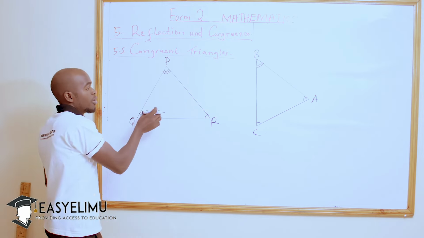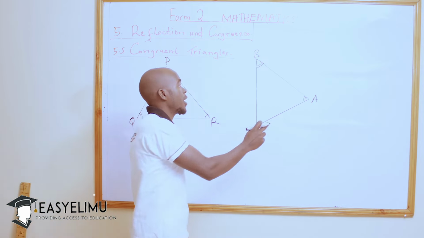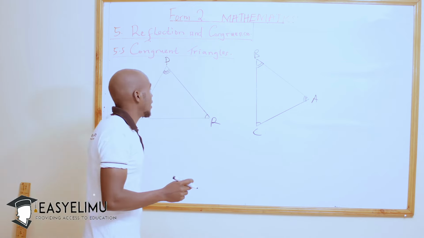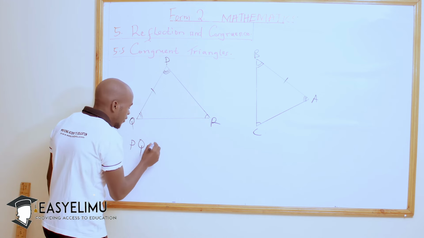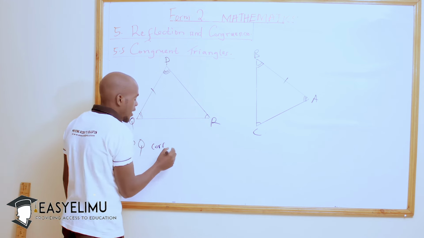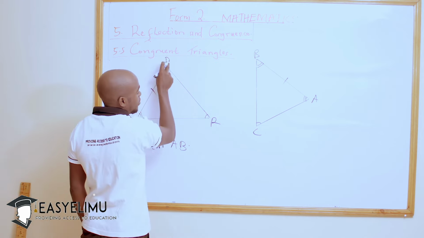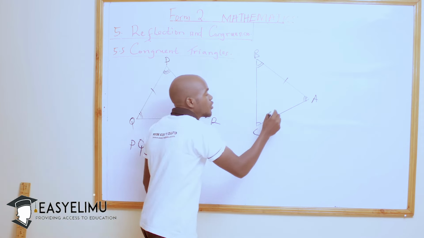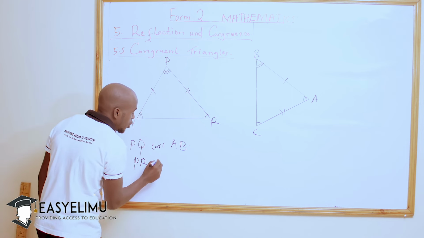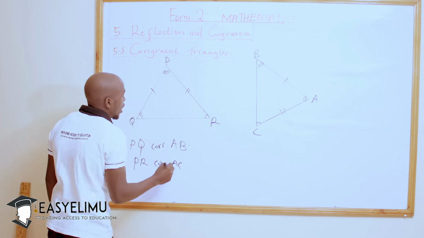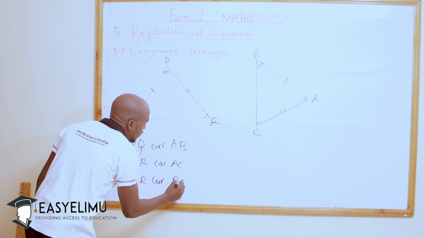If triangle PQR is congruent to triangle ABC, then it really means that side PQ corresponds to side AB, side PR corresponds to side AC, and side QR corresponds to side BC.